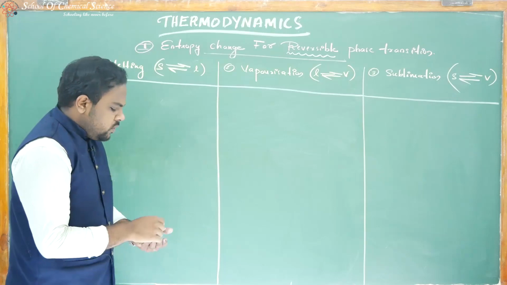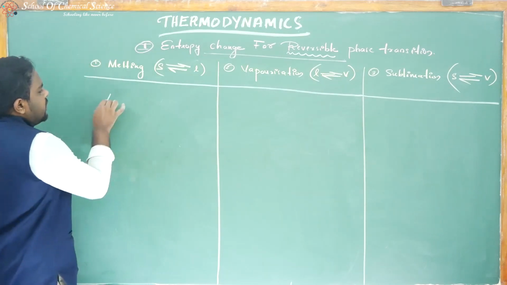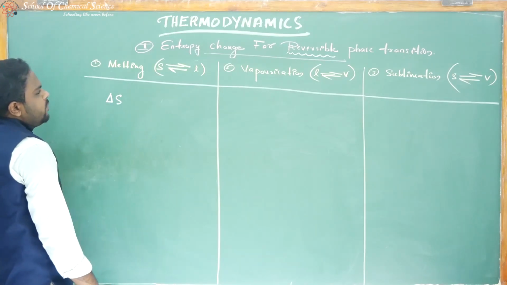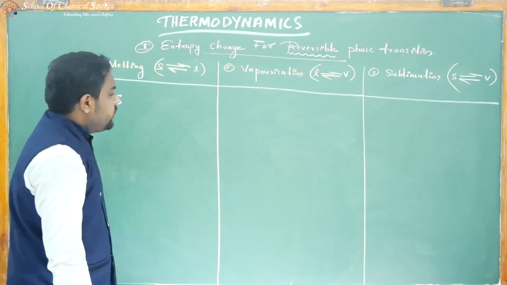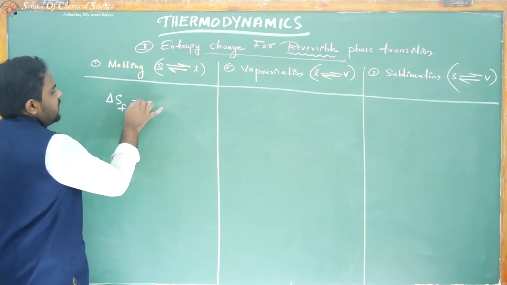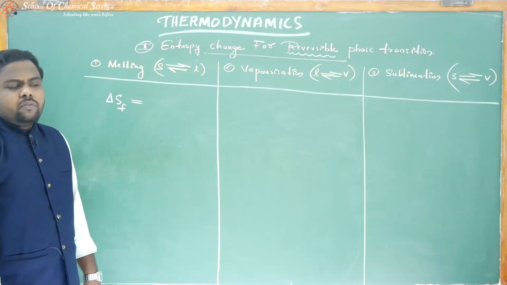Right? So listen, here the entropy of melting, also called fusion. Change in entropy of fusion, delta S fusion. What is the transition here? Solid to liquid, melting, that is called fusion.